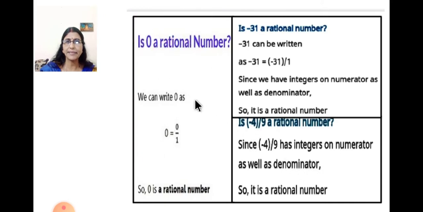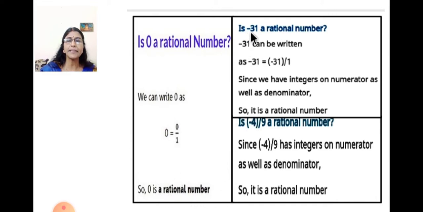Now let us take some examples. Is 0 a rational number? We can write 0 as 0 upon 1. So here you can see it is written in the form of p upon q, numerator upon denominator. Both are integers and the denominator is not equal to 0. So 0 is a rational number.